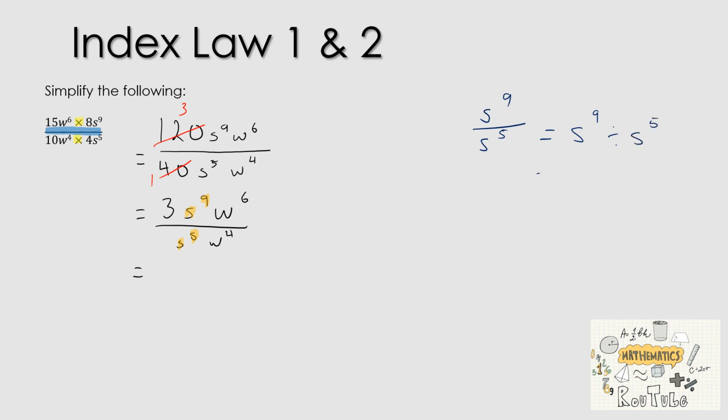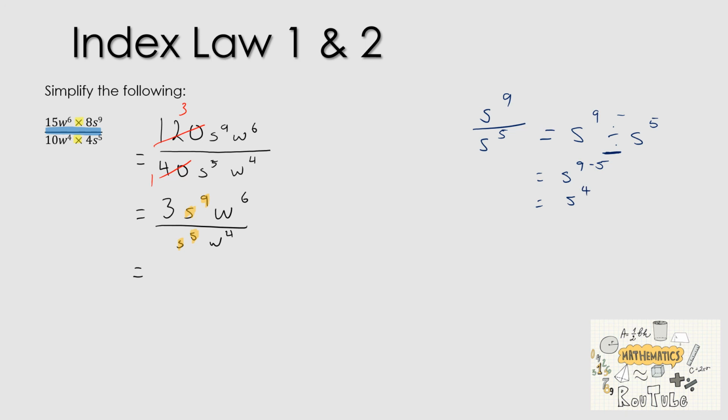We know it's division, so we have to apply the second index law. We're going to subtract the powers, so it's going to be s to the power of 9 minus 5, which is s to the power of 4.